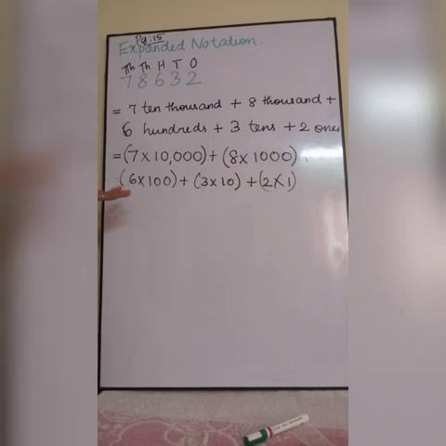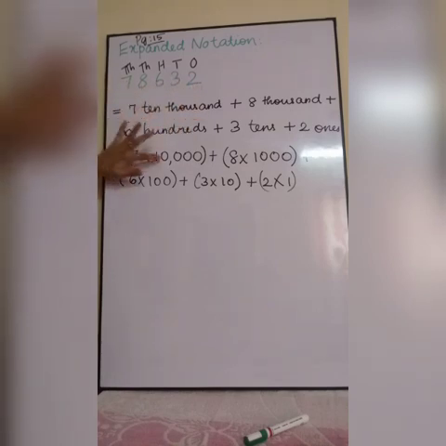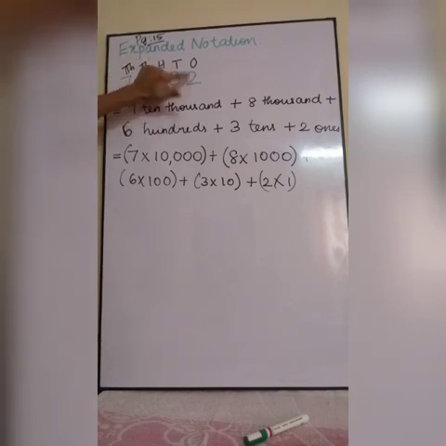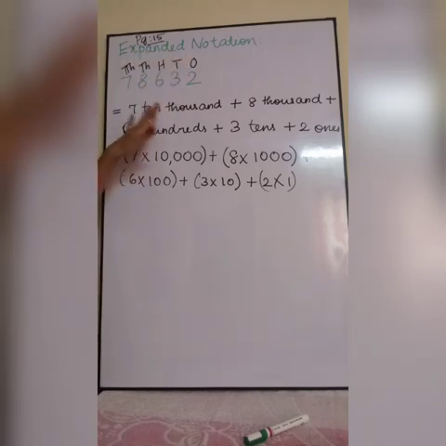In the second method, instead of writing this in names, I am writing it in numbers. That's all. 7 into 10,000 plus 8 into 1,000 plus 6 into 100 plus 3 into 10 plus 2 into 1. Understood how I have written? Instead of writing it in number names, I have written it in numbers.